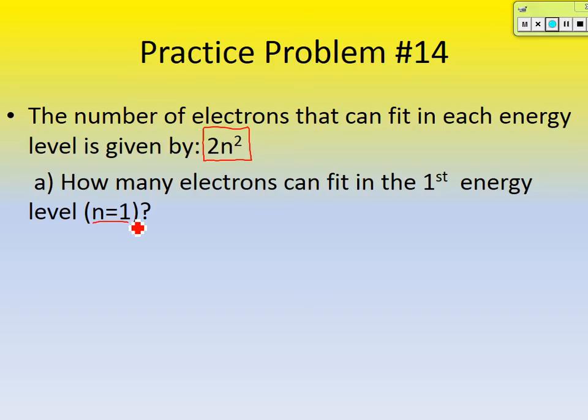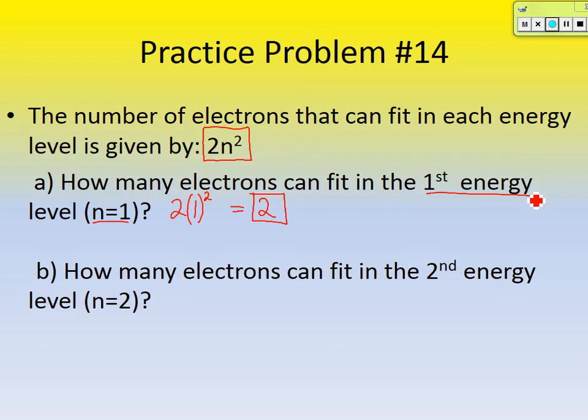Let's plug it into this formula. We've got 2 times n, which in this case is 1, squared. So 1 squared, 1 times 1 is 1, times 2 is equal to 2 electrons. 2 electrons can fit in the first energy level. Okay, and we'll see that as we work some problems today.